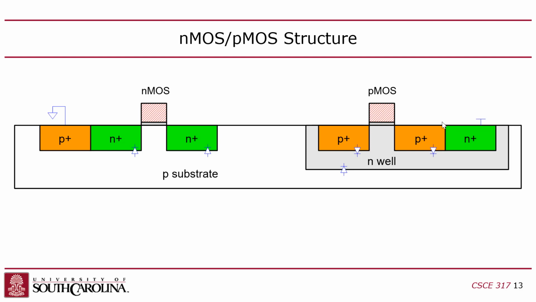So you create a localized substrate of N material, and then your diffusion areas are P inside of that. Make sense?